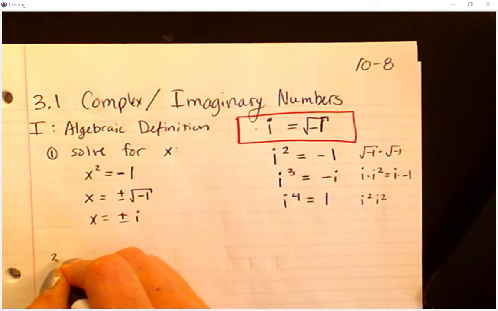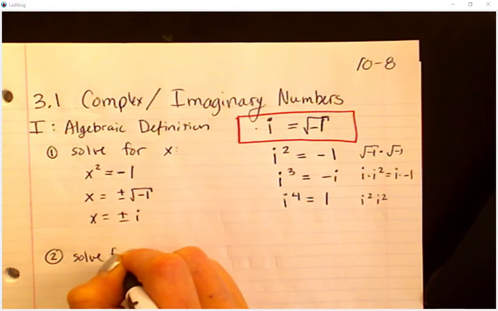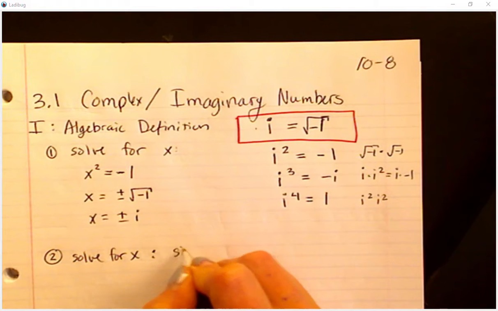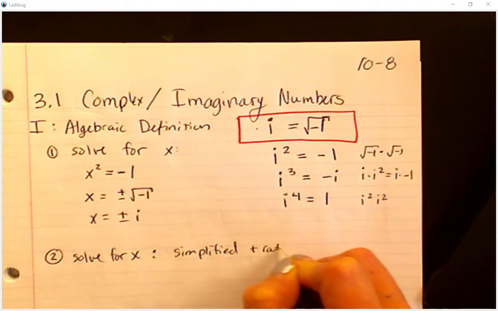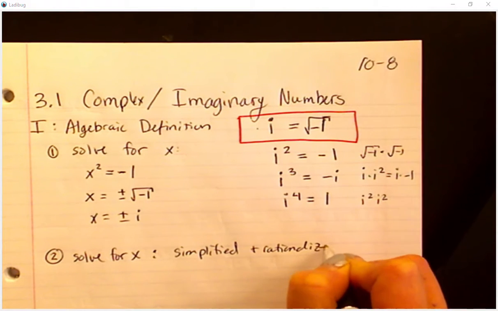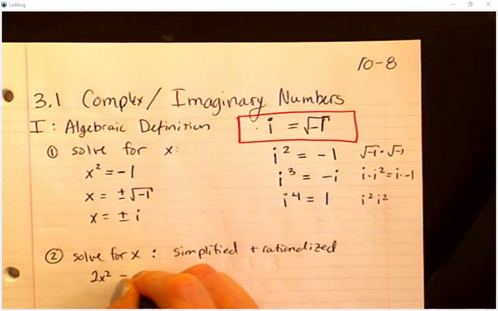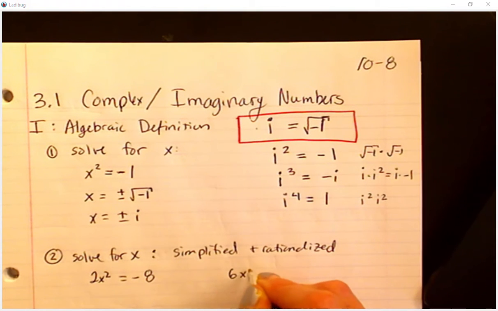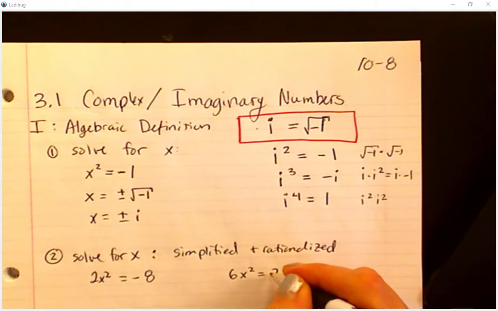In simplest form, solve for x, simplified and rationalized if necessary. 2x squared equals -8, and 6x squared equals -2.